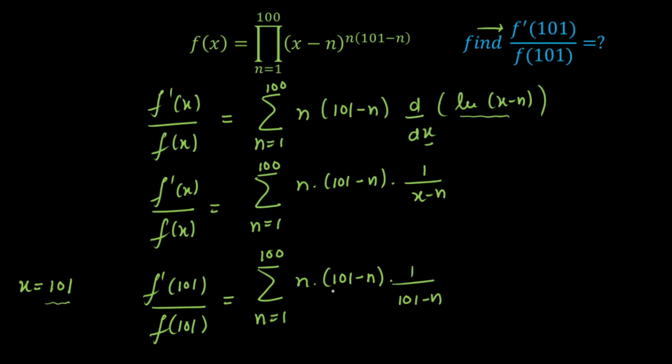The (101 minus n) terms cancel out, and we get the summation, n varying from 1 to 100, of n. Now you know the sum of the first n natural numbers is n into (n plus 1) divided by 2, and here we remember the sum of the first 100 natural numbers, that is 5050. So that will be our final answer.